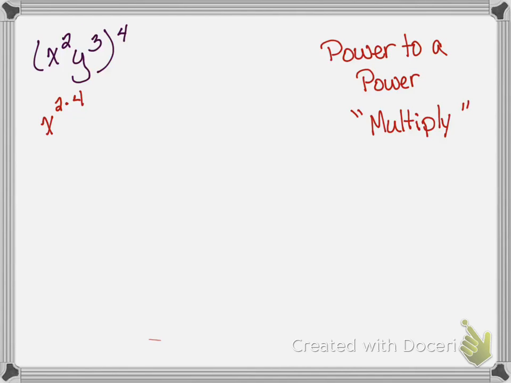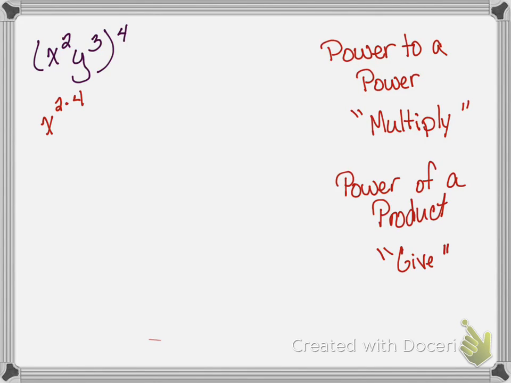The power of a product property is the one that tells me I give the exponent to everything inside. We want to make sure we've got that straight.